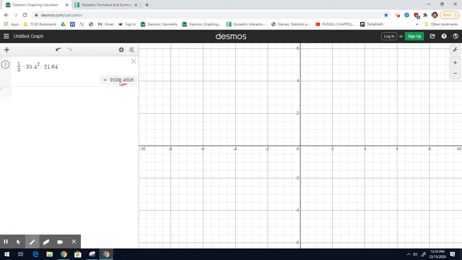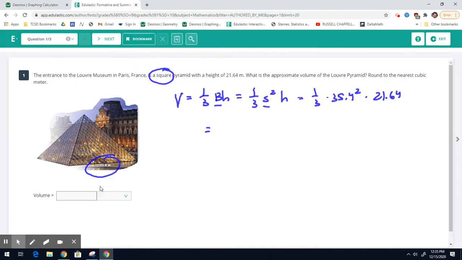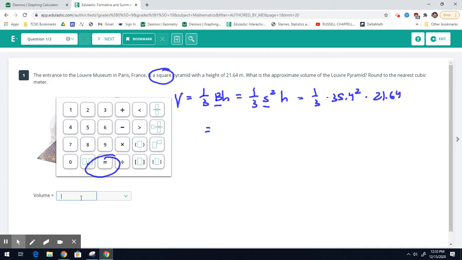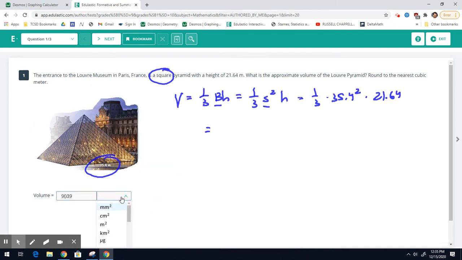This 0.4 does not affect the 9, so our answer is going to be 9,039, and the units are meters, so we'll say meters cubed. And again, don't be concerned, you have to go all the way to the bottom where the cubic units are.